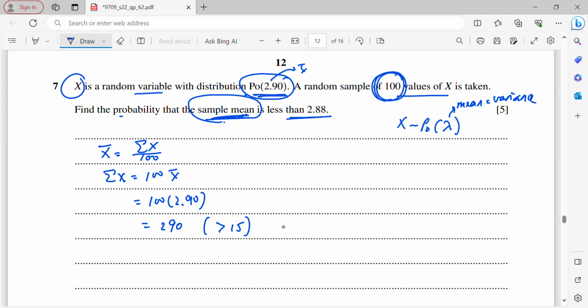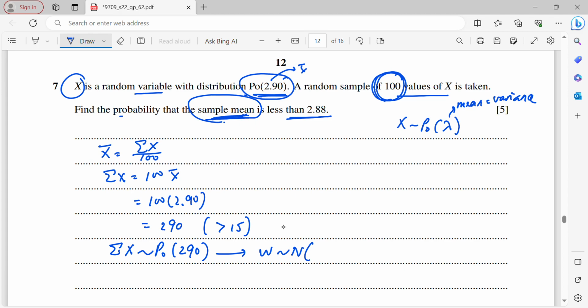So which means now basically I will get the distribution of the summation X. My summation X is Poisson 290. Then I will approximate to normal distribution. So now, what is my mean here?